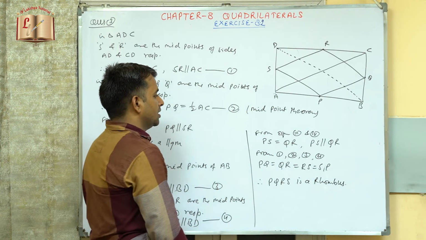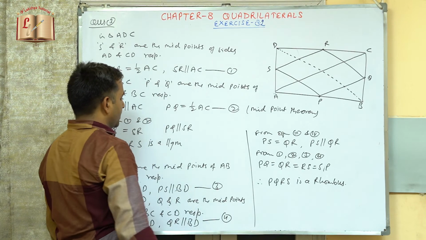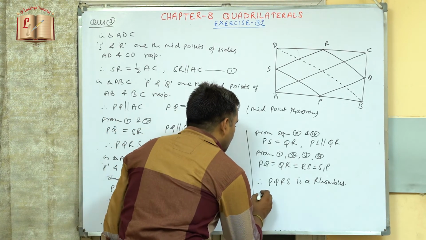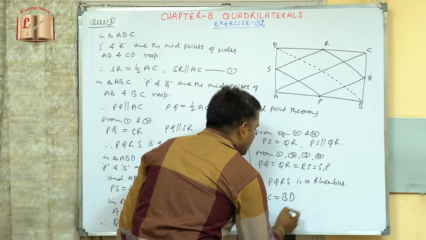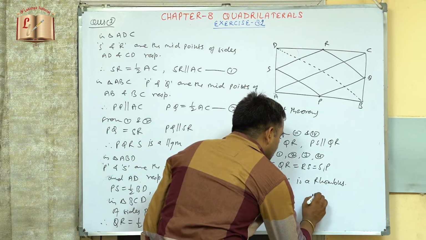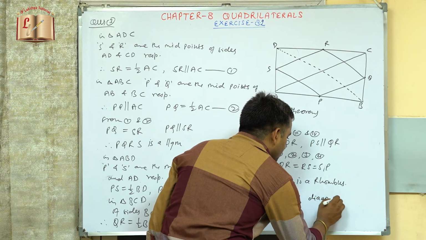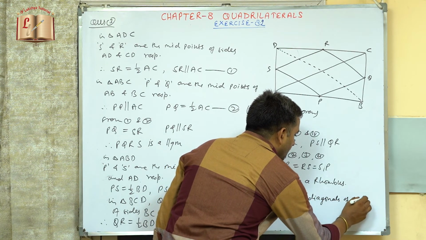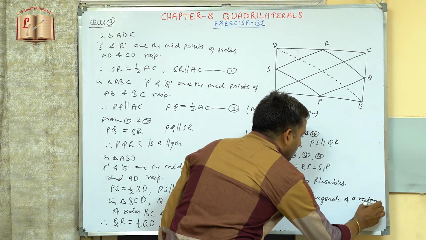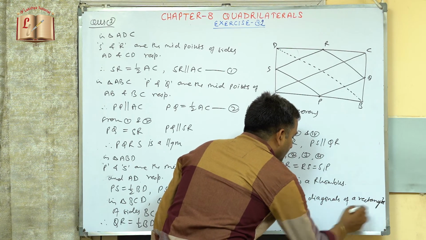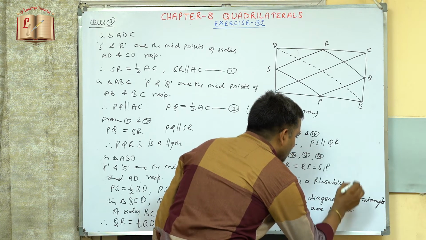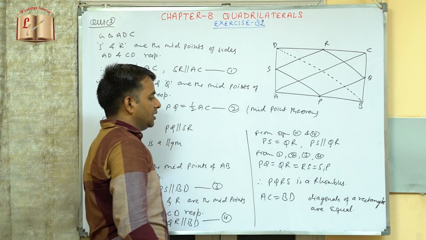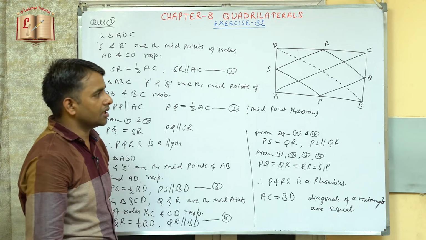PQRS is a rhombus, and we can also make one point that AC is equal to BD because diagonals of a rectangle are equal. Diagonals of a rectangle are equal, therefore all four sides will be equal.